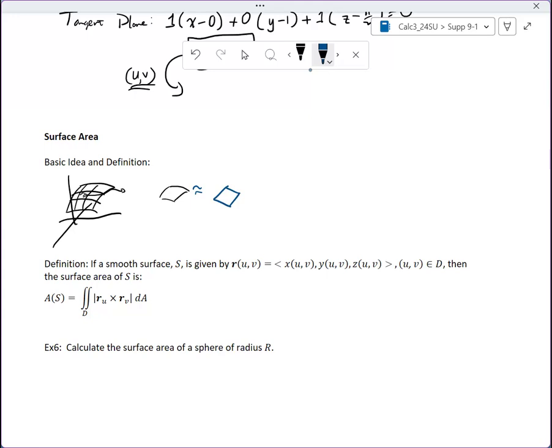Again, for small, say dx and dy, its tangent plane looks like the plane spanned by these vectors, RU and RV. This is the tangent plane. And the area is approximately the length of the cross product of RU and RV.